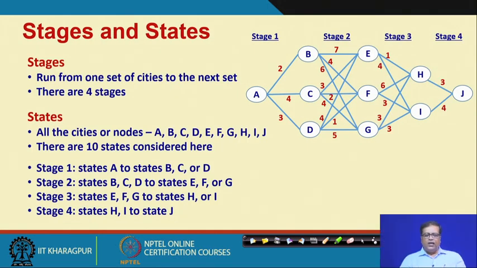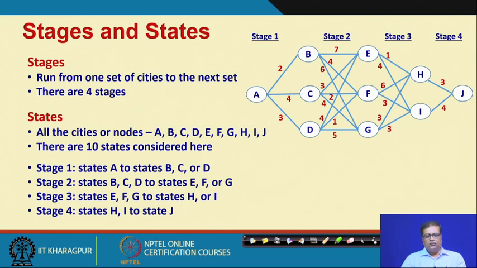Is it okay? So, as you can understand very clearly, every leg of the stagecoach run can be called a stage. Is it all right? So, from the first set of cities, let us say A, to the next set of cities you move, this is called stage 1.